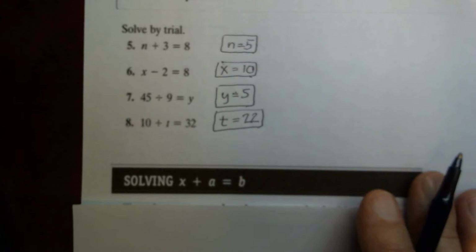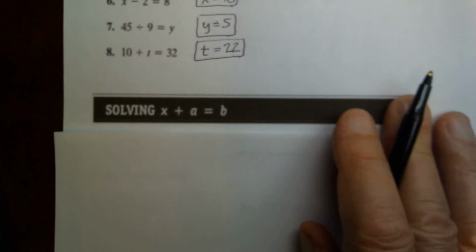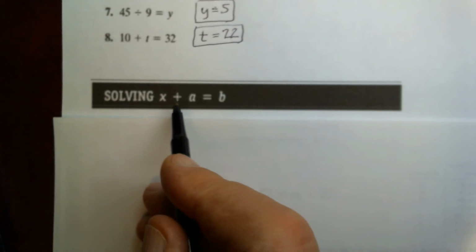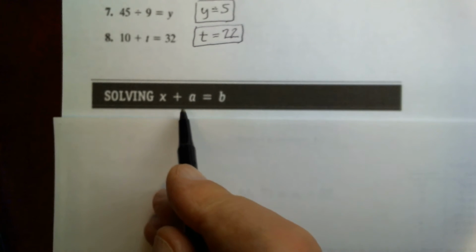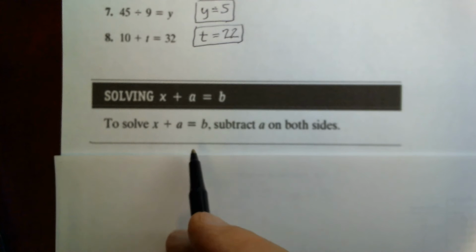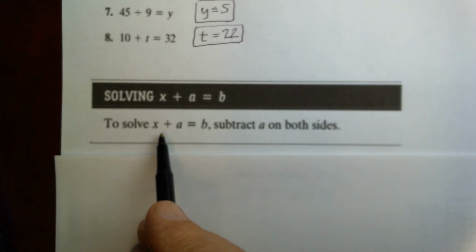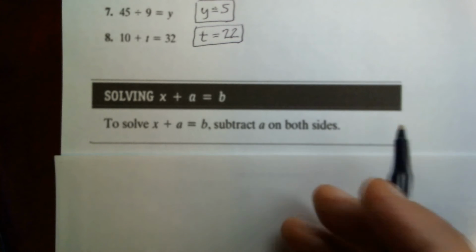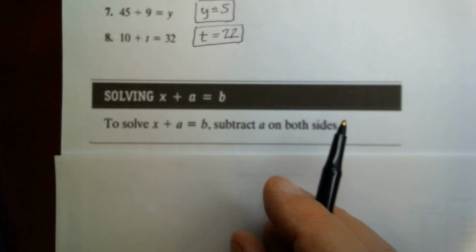So now we are talking about solving equations systematically when they're in the form x plus a equals b. We want to find out what x is. It's very simple. To solve x plus a equals b equations of this type, simply subtract a on both sides. That's it. It's not very complicated, and that's the good news.